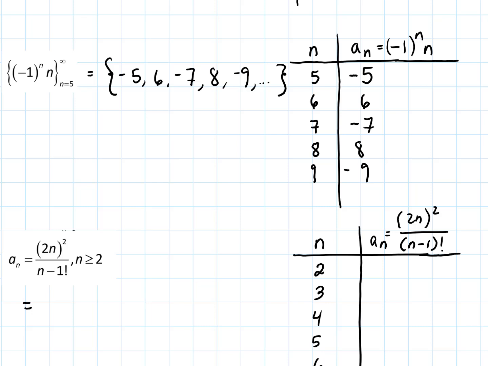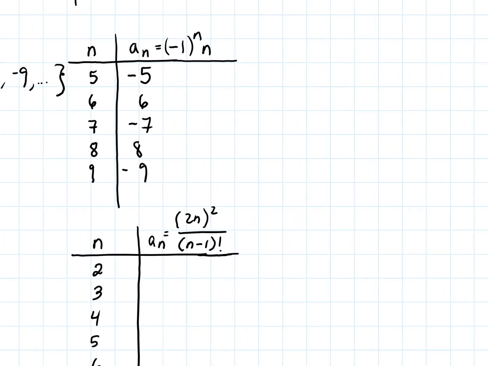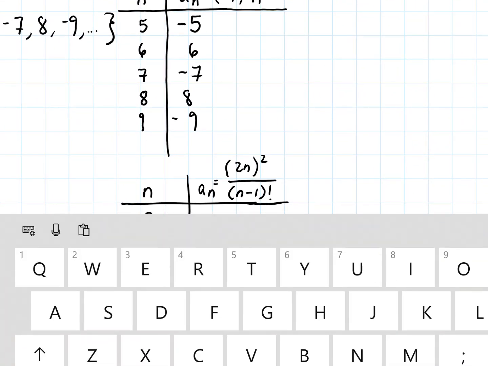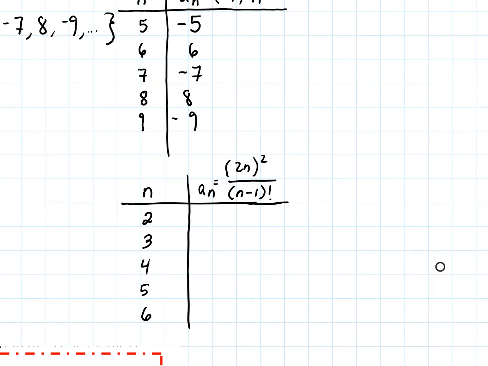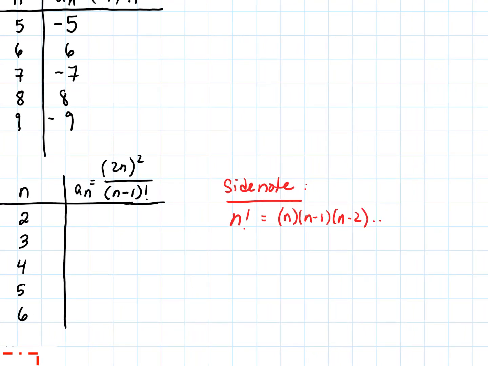But for that factorial, anytime we look at a factorial, sidebar here for just a quick second. When we're talking about a factorial, like n factorial, that is defined to be the product n times n minus 1 times n minus 2, all the way down to 3, 2, 1.